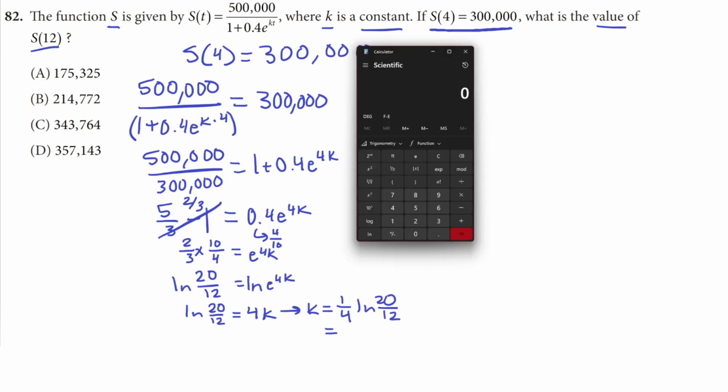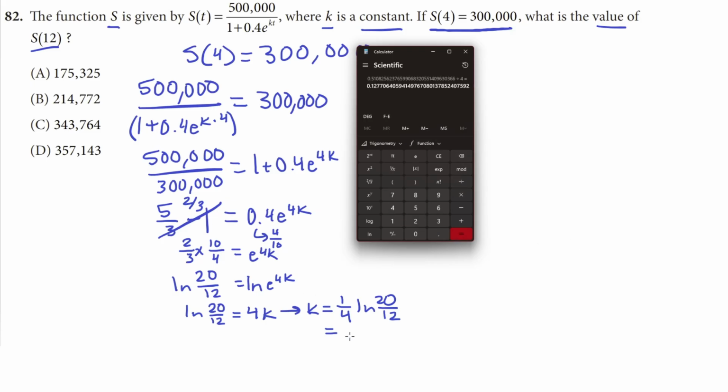And if we put that into our calculator, so that's 0.25 times, here, let's calculate the logarithm first. So we'll have 20 divided by 12. We need to take the natural log of that. So we get this number here and divide that by 4.